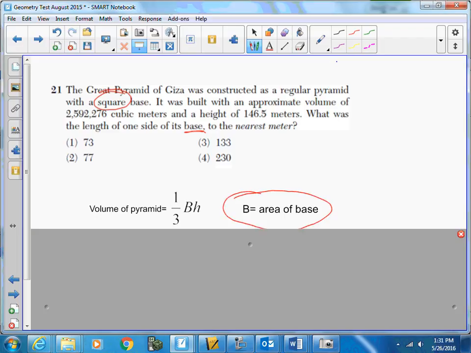You've got to know what the area of the base is. So when you're looking at a pyramid, it could have a triangular base, a rectangular base, or a square base. So you have to know that big B, and I've been stressing this over and over, that big B stands for the area of the base.